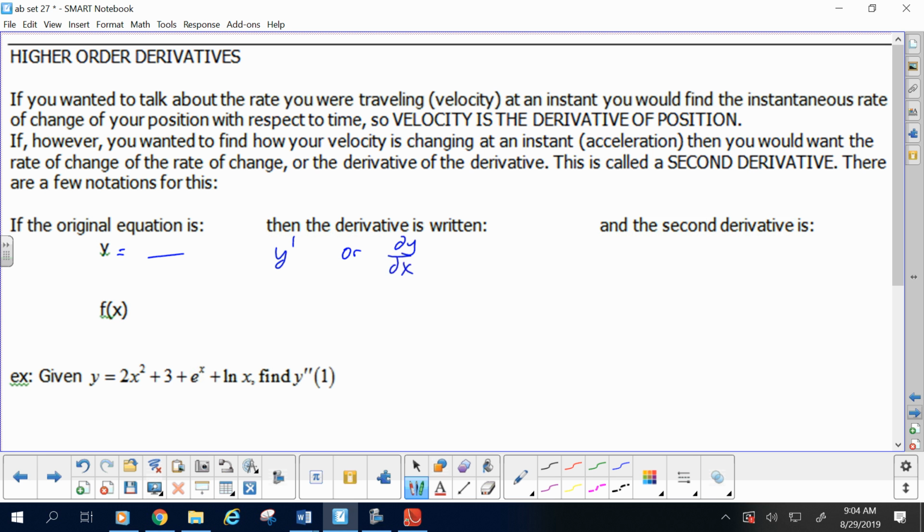Now the second derivative would either be y double prime, and that is often shorthand for the second derivative. You might read that as y double prime, or the second derivative of y is fine too. Leibniz notation, here's one of the few times where Leibniz gets a little cumbersome, but the notation is d squared y over dx squared.